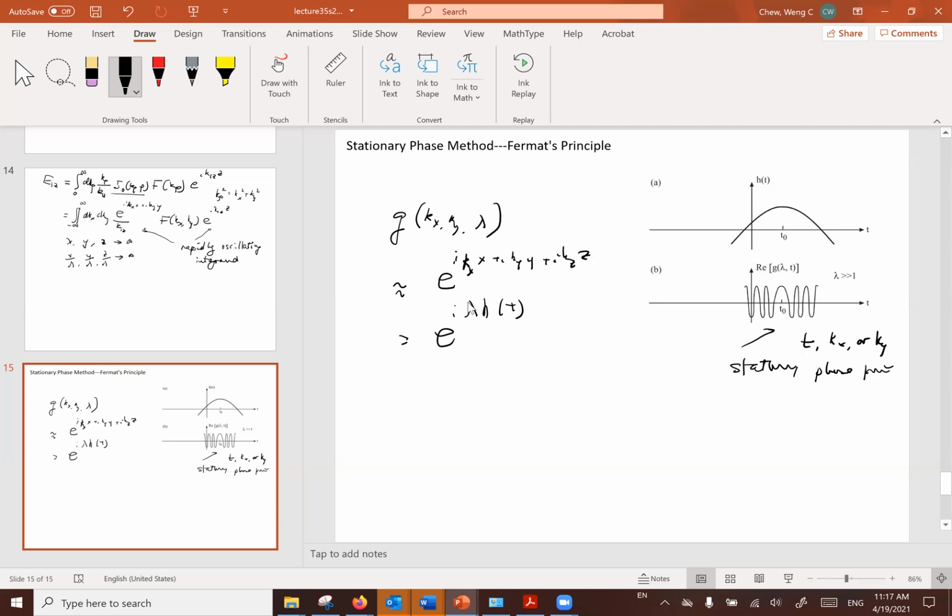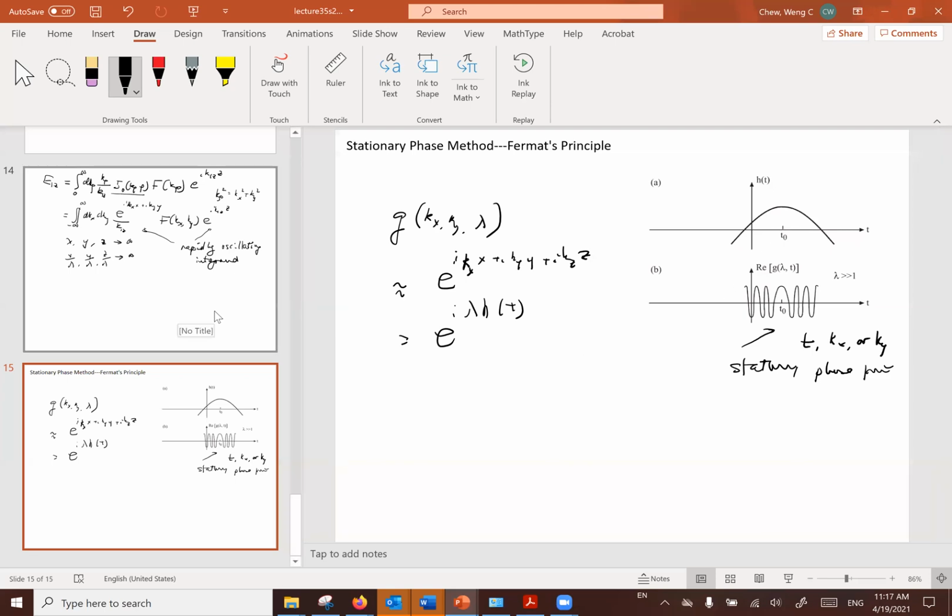Only after you multiply by lambda, which can be x, y, and z, a big number, does the function become rapidly varying. The contribution to this integration will come from the vicinity of this stationary phase point, where the integrand is least rapidly varying. So the idea of finding the approximation to such an integral is to find where the stationary phase point is.